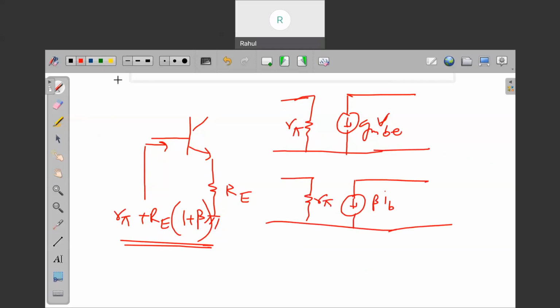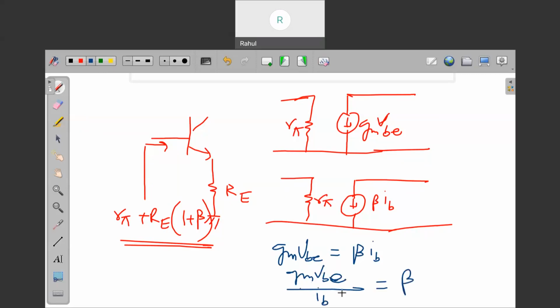Same thing. So VBE upon IB, the base current, is equal to what?